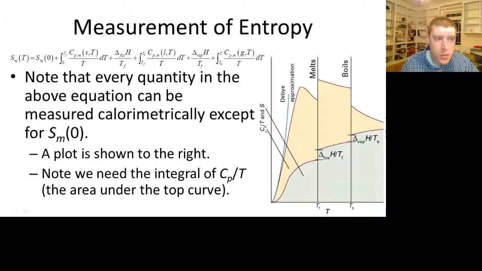And this Cp over T, the Cp is this curve, the top curve. And we need the integral of the constant pressure heat capacity, Cp over T. Right? So that's the integral that we need for this equation here, the area underneath this top curve. That's the yellow area there.